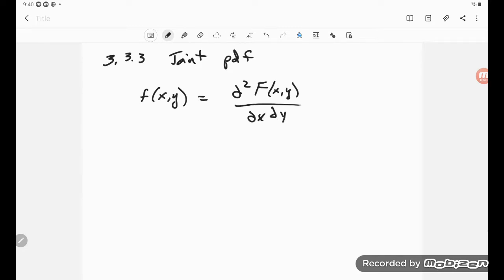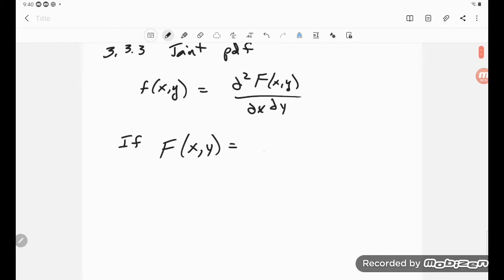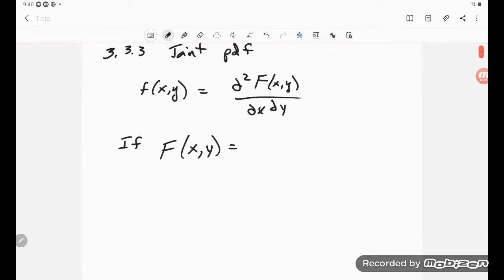Okay, so for instance, if f of x and y were to equal, let's say something like, what could I use?